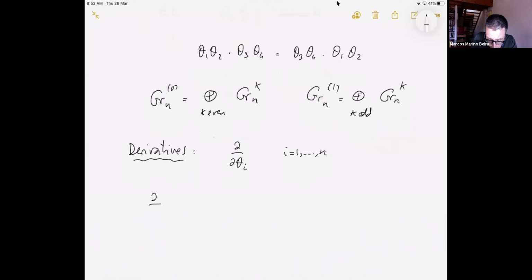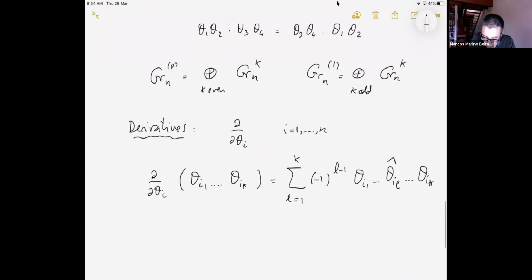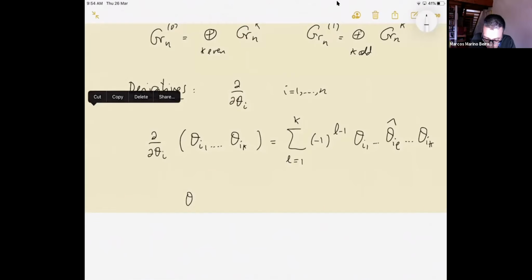So we have the partial derivative with respect to theta i of a product of this form, which is equal to a sum from l equal 1 to k, with (-1) to the l minus 1, and then the product where theta_{i_l} with a hat means that we remove this variable.